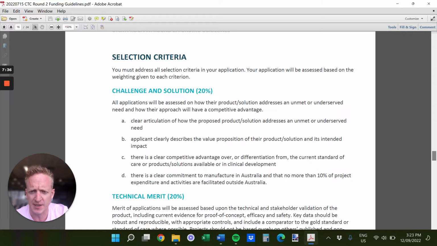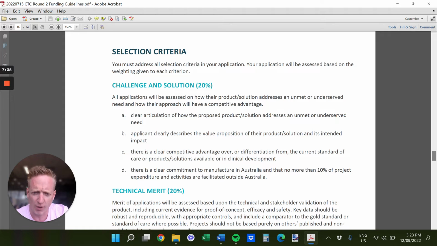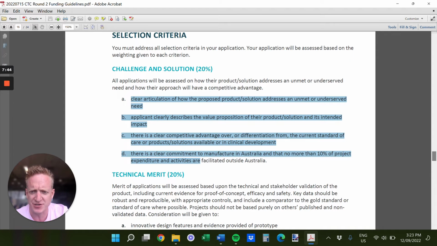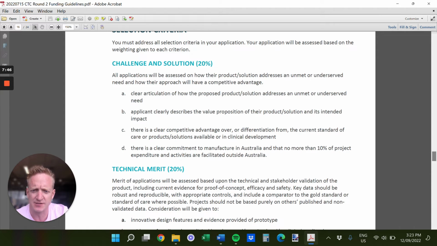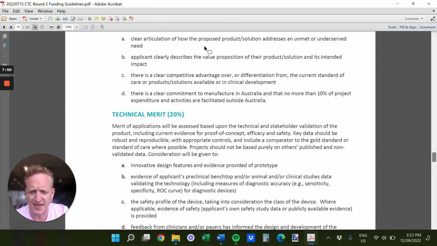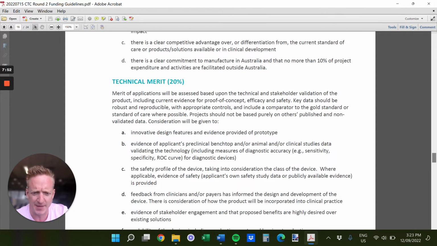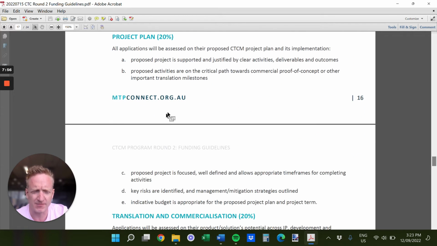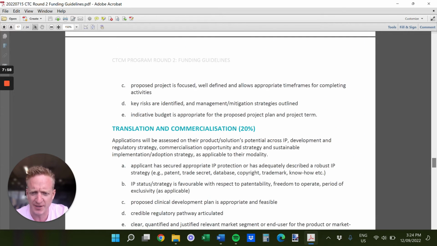This is probably going to be more important as you go on in the process, but have a think about how you would tick off each of these, even if it's just a discussion about it. The flavour of this is going to come out in the application form, because you've only got like 200 words per section to answer anyway.